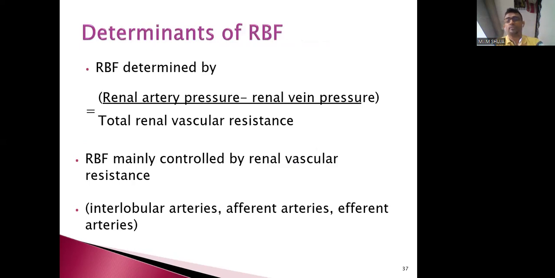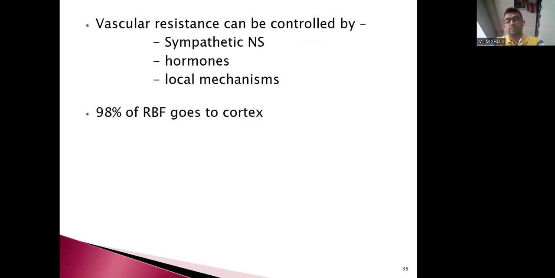So determinants of renal blood flow, just know the equation. And the renal blood flow is mainly controlled by renal vascular resistance. The vascular resistance is controlled by sympathetic nervous system, hormones, and local mechanisms. 98% of the renal blood flow goes to the cortex.